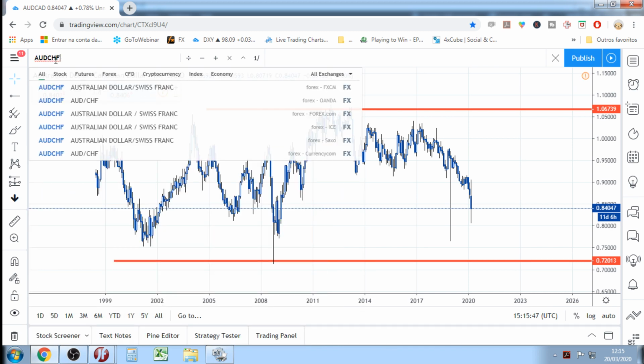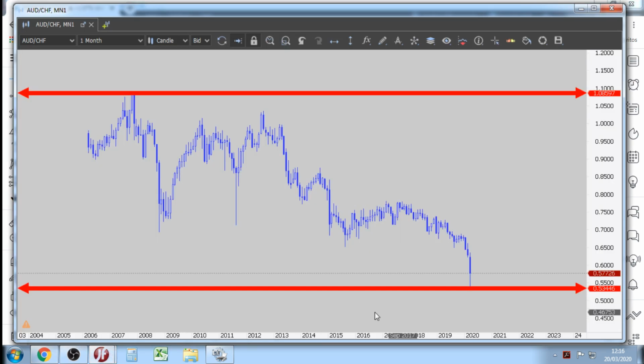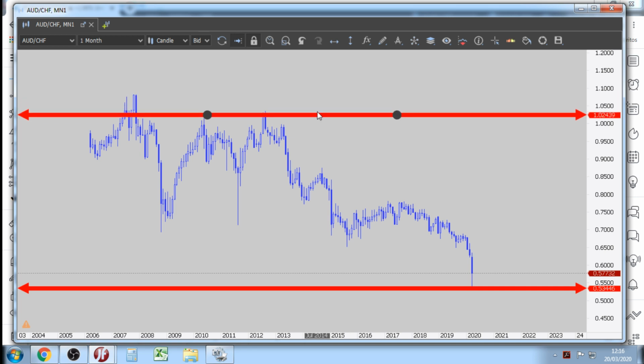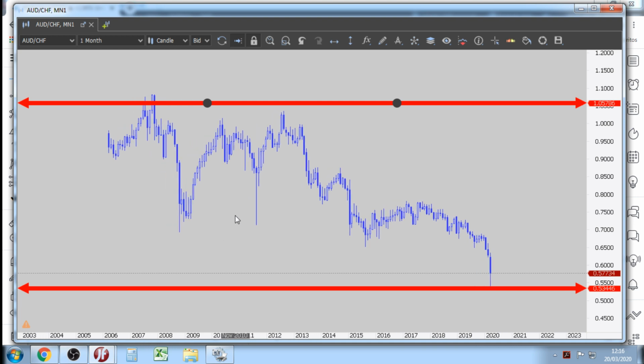AUD CHF, and it looks like it's the same, 0.54, 0.534, okay, more or less, right? And the other thing, everybody, you ask, FXPassion, where do I put the upper band? Okay, so you're going to understand with AUD JPY, everybody. So this is AUD CHF, it has the same parameters.